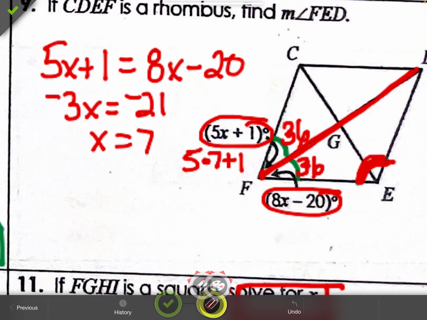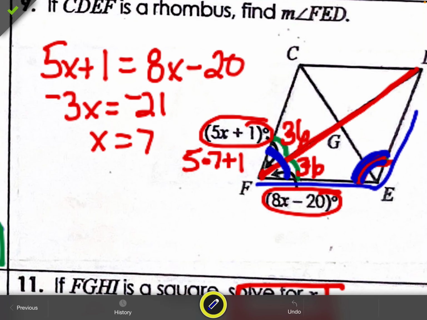All right, here's the trick to this one, because this one does have a trick to it. You have to look at the entire corner here at F so that you can get to the entire corner over here at E. They want FED, so they want this whole thing. So what would the entire corner be if this piece is 36 and this piece is 36?